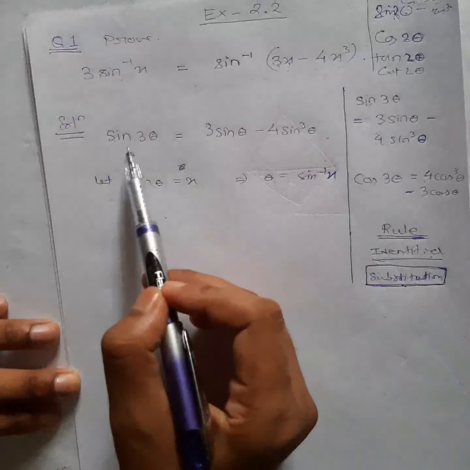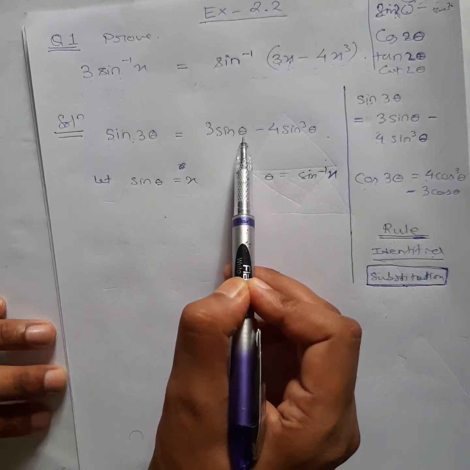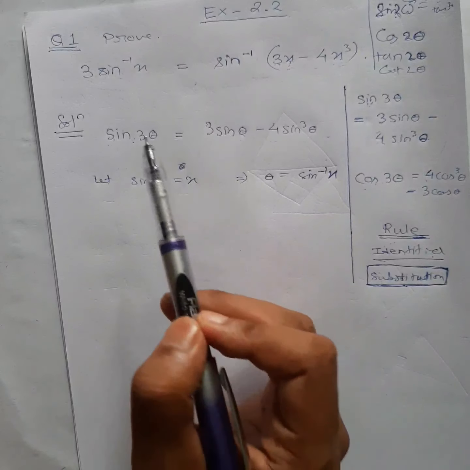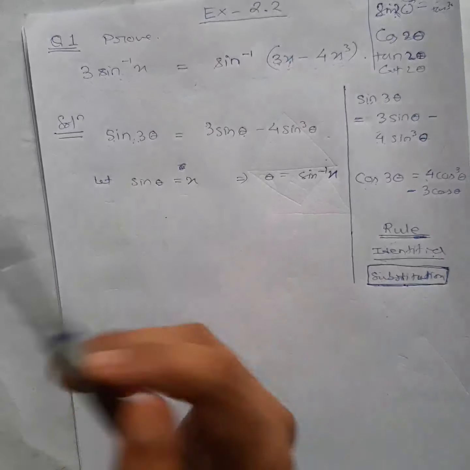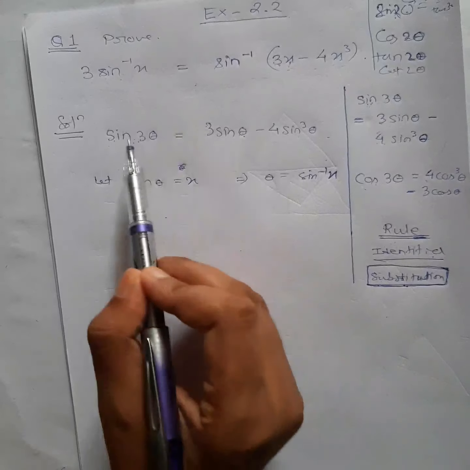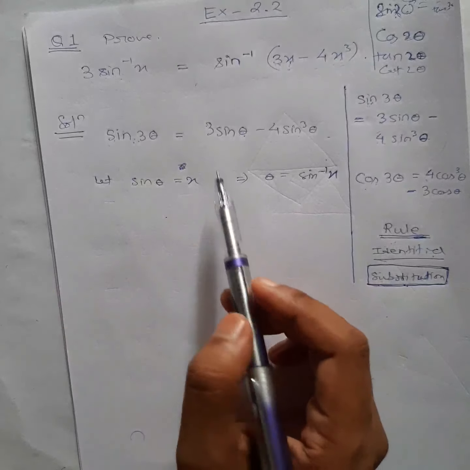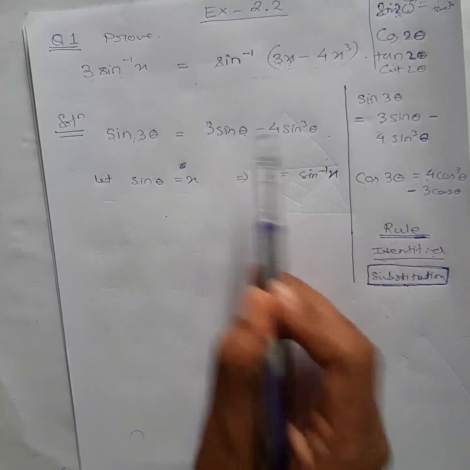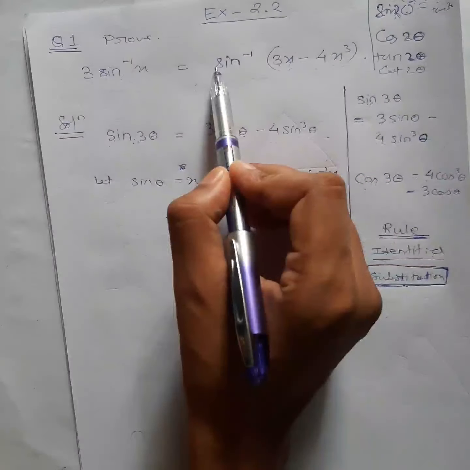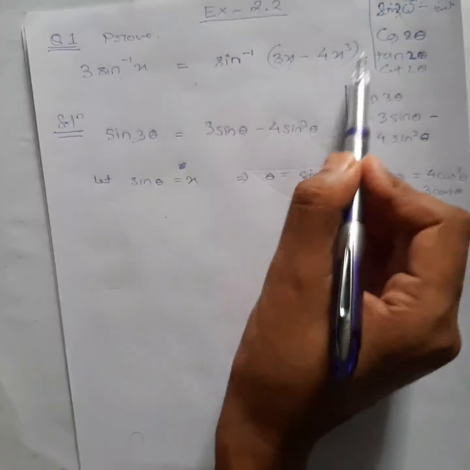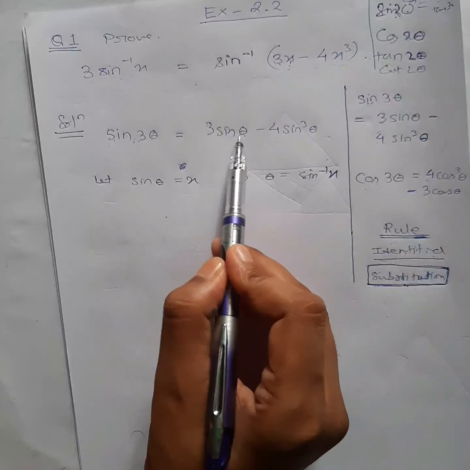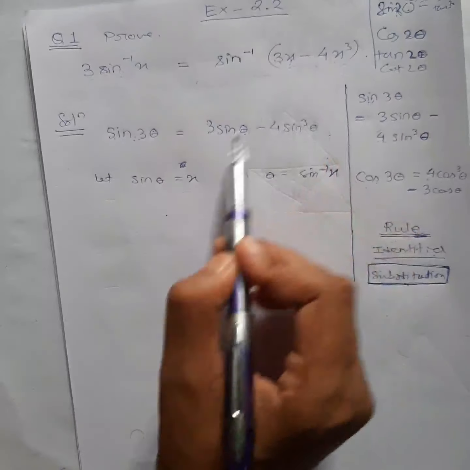Remember the derivation how I've done: first I wrote the normal trigonometric identity, and then I converted everything into inverse. This also, this also, everything I will convert into inverse. Now to convert, in your formula there is sine inverse x.